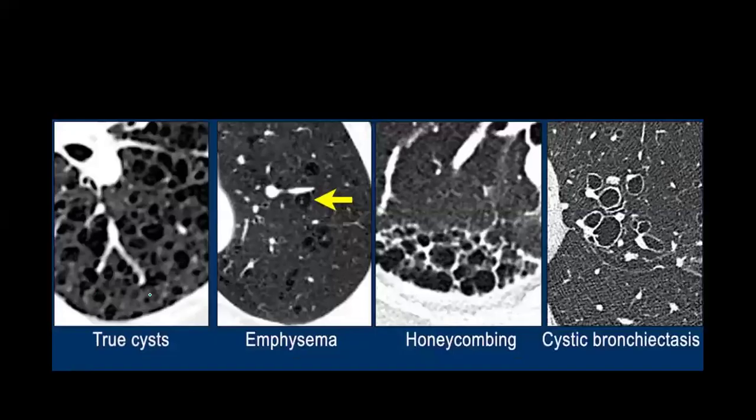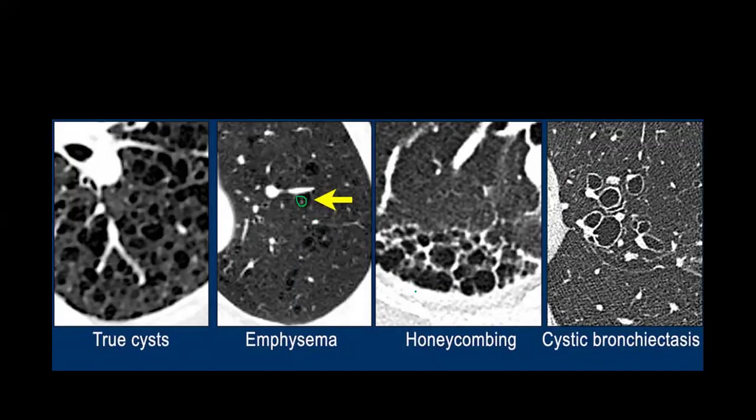Now this is again the true cyst I was talking about, in which circumferential walls can be appreciated, and this is emphysema, in which no walls can be seen. In fact, in the center there is a hyperdense structure, which is also a clue that it is emphysema and not a cyst. The central dot can be seen.